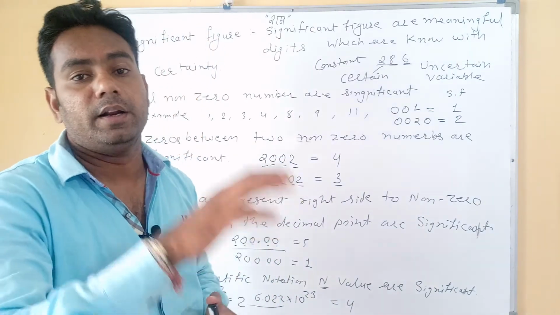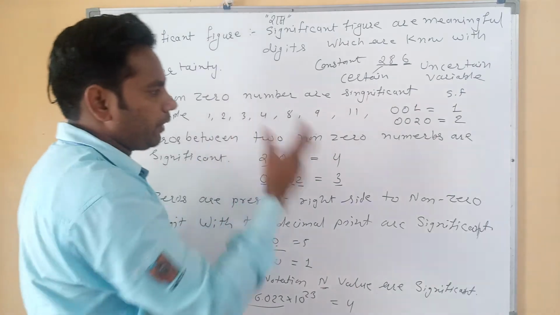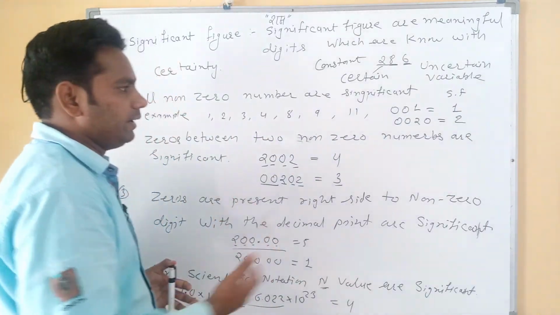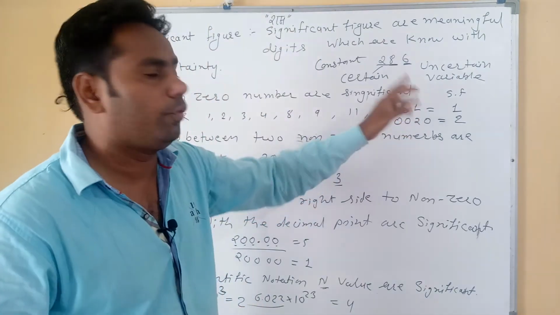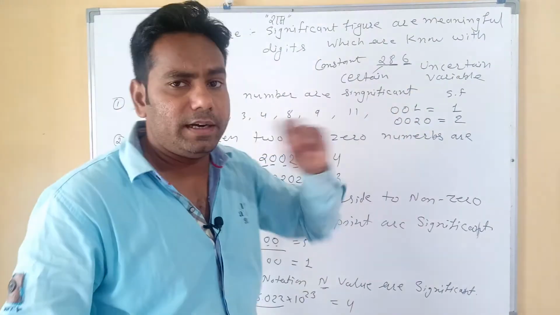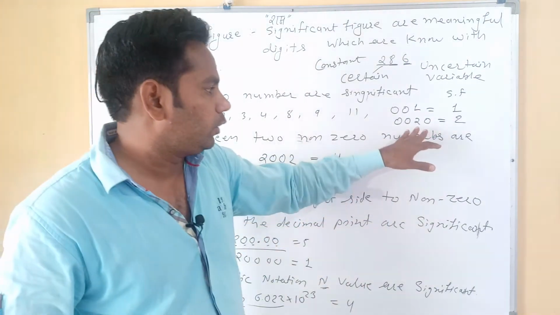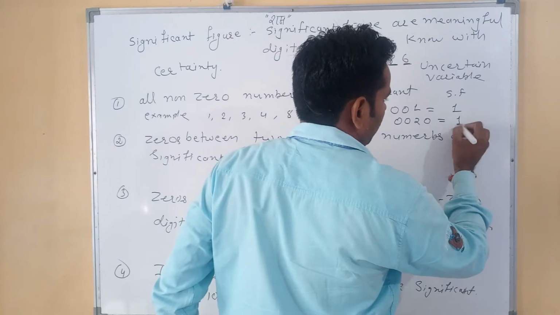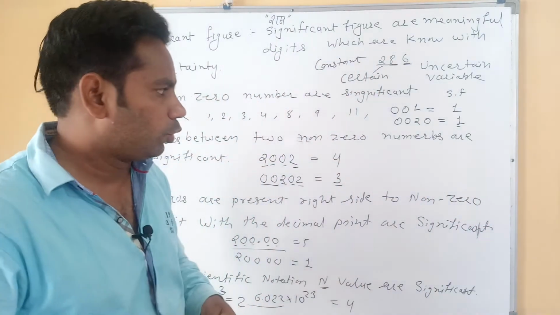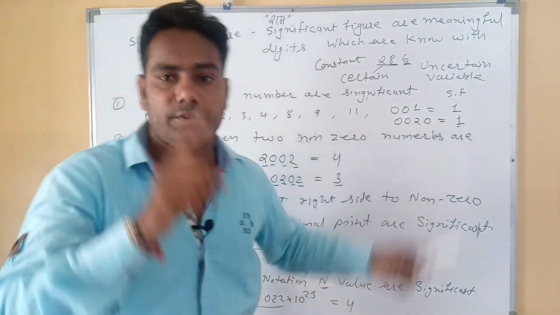Non-zero numbers are always significant, like 1, 2, 3, 4, 5, 8, 11. If I mention here 001, so only 1 is significant. 0020, here only 2 is significant. Okay, 2 is significant, so total significant figure is 1.